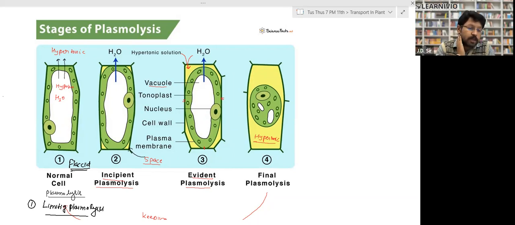These are the stages of plasmolysis, right? So first, what is plasmolysis? Simply, I want to explain to you. Plasmolysis is the process by which any cell loses its water outside, right?